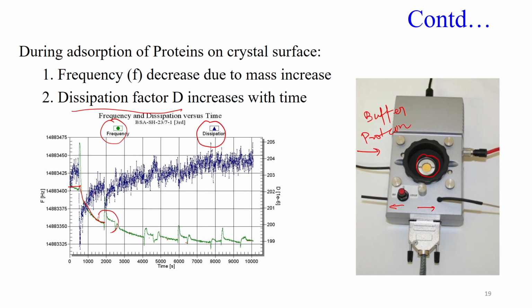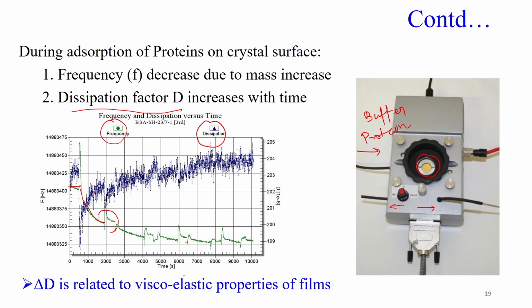So, it indicates that the energy dissipated is increasing because of the presence of the adsorbed layer. We monitor both: frequency is used to analyze the adsorbed mass, while the dissipation factor, or D, is analyzed to monitor the viscoelastic properties of the adsorbed layer.